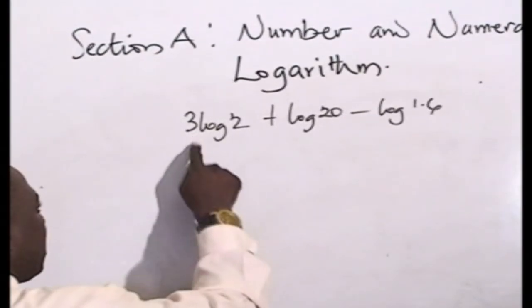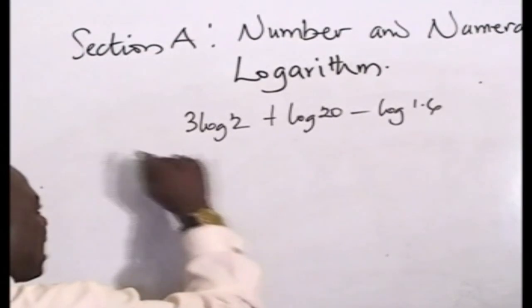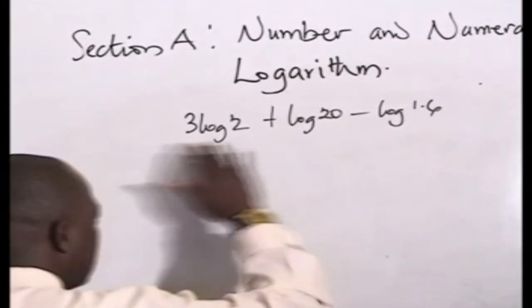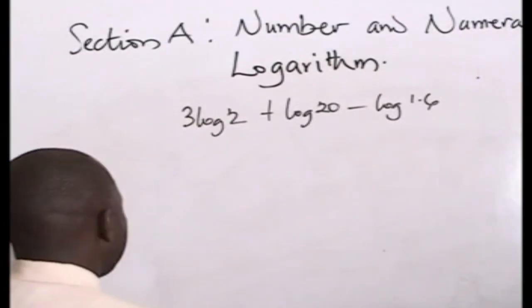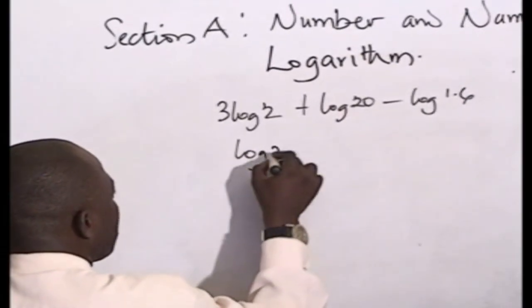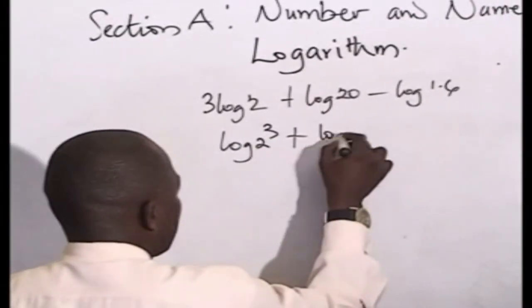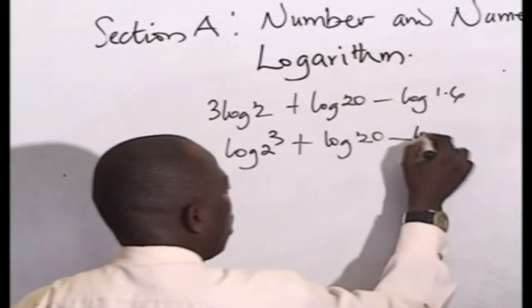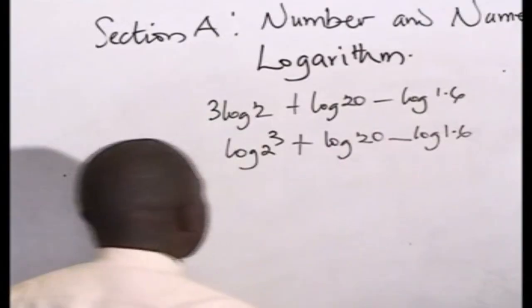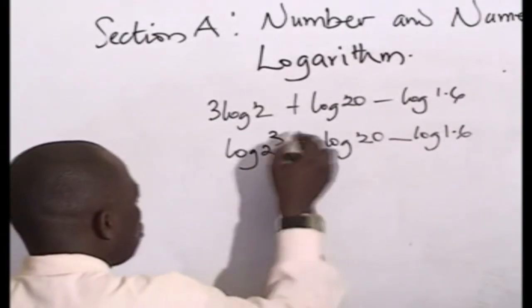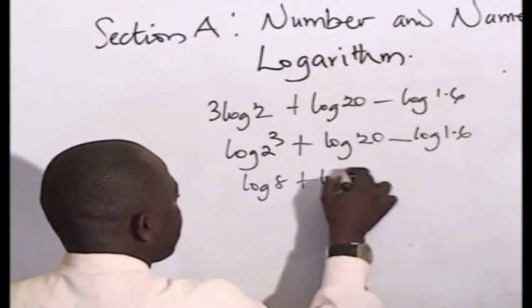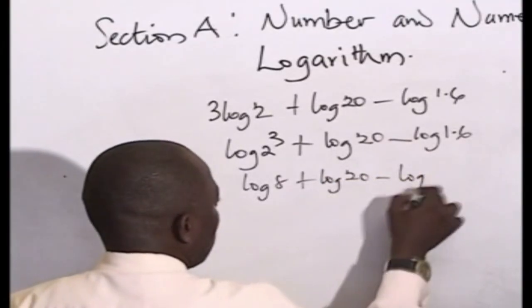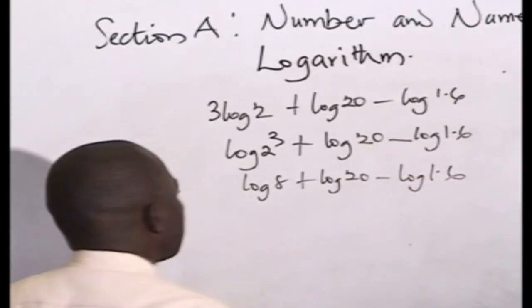The coefficient here is 3. So you must express all of them in the same manner. So this one must be re-expressed like this. To re-express 3 log 2, it will be log 2 raised to power 3 plus log 20 minus log 1.6. Again, you have 2 raised to power 3 is log 8 plus log 20 minus log 1.6.